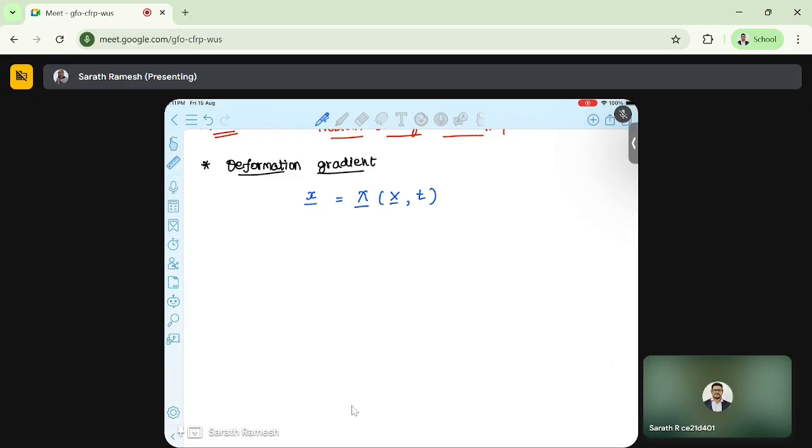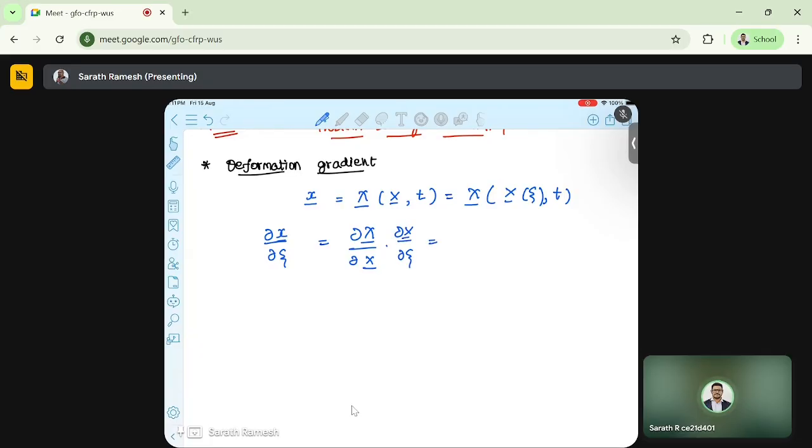We can represent the position using some parameter, psi comma t. If I want to find the derivative of x with respect to this parameter psi, this is equal to dou psi by dou x times dou x by dou psi. This is nothing but the chain rule that I am using.